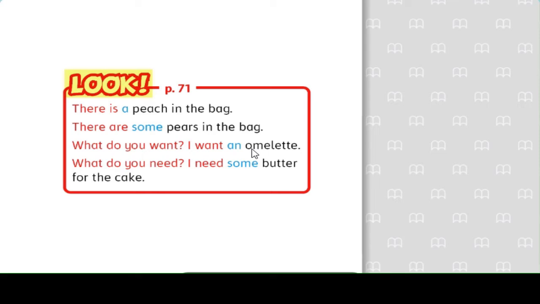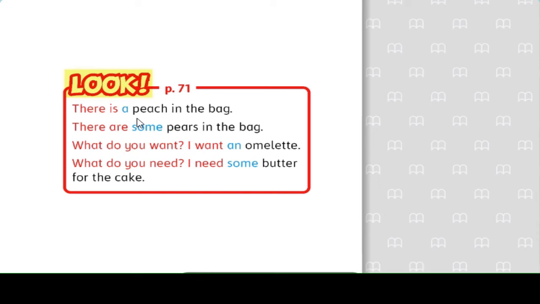So omelette here starts with one of the vowel letters, which is O. So we need to add here an omelette. But for peach, it's okay to say a peach, a chair, a bag, a book, a rat.